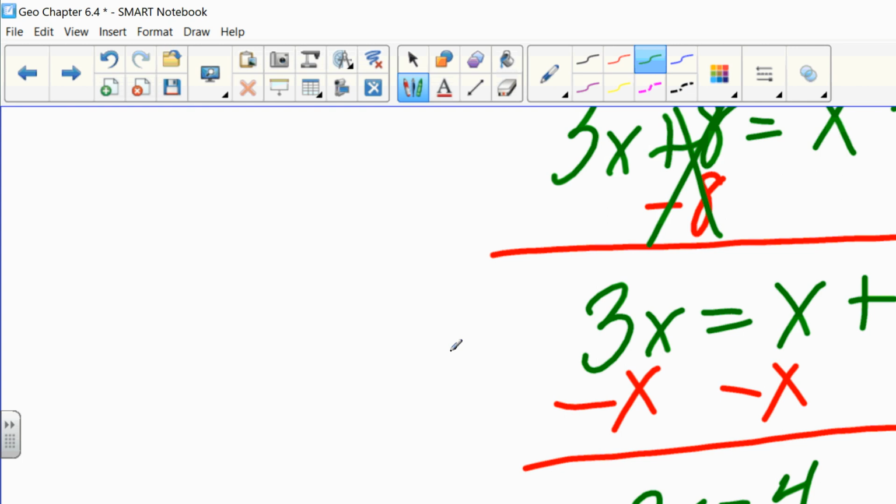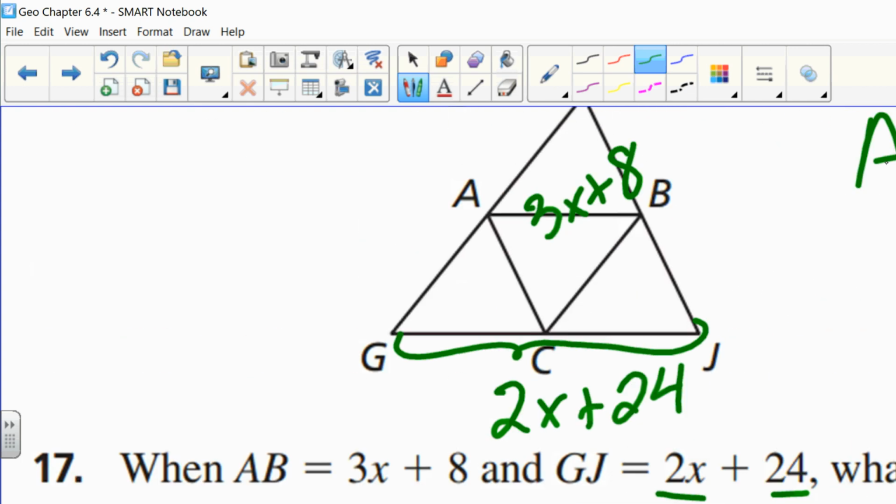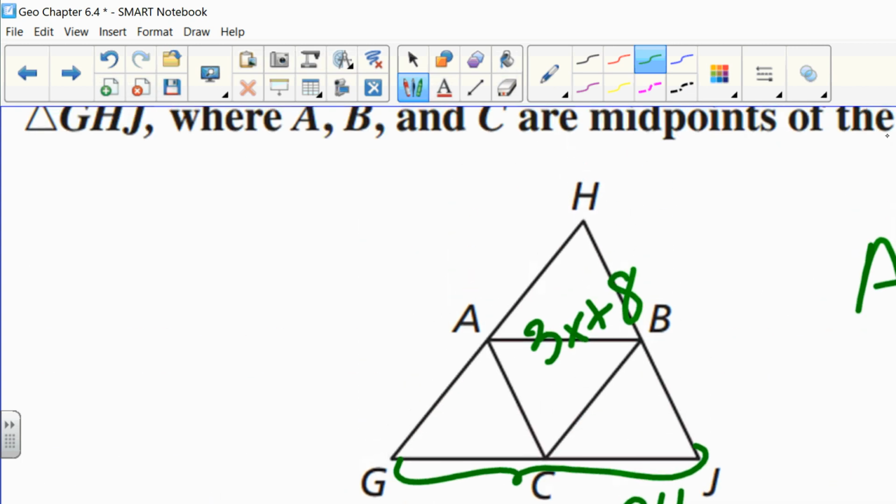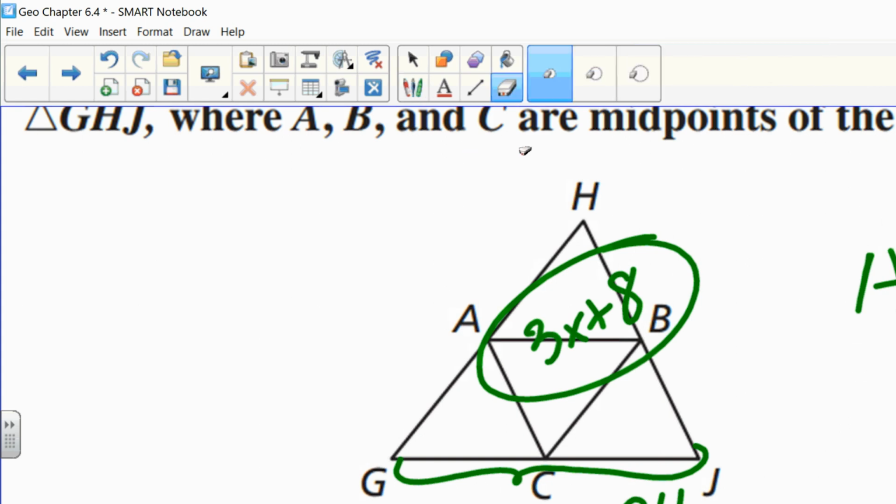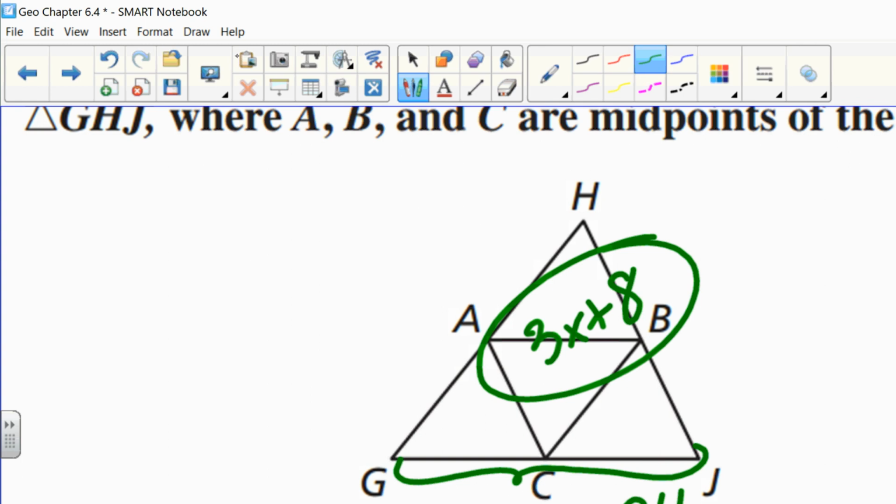So any questions on how we got to 2 before I scroll back up? Well, AB is defined by what? 3x plus 8. And what's the value of x?